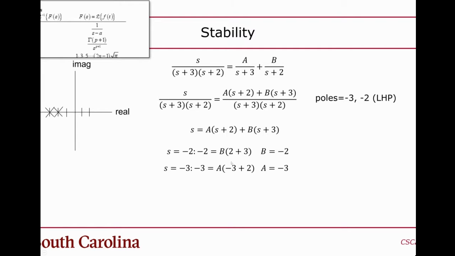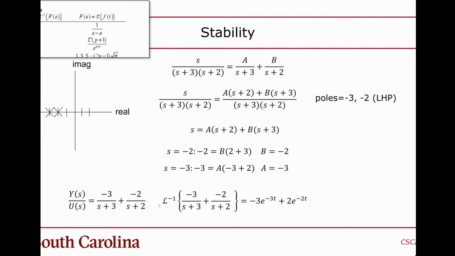And that way I end up with one equation and one unknown. So in this case, B is -2, A is -3. And so I'll get a transfer function here that's -3 over s plus 3 plus -2 over s plus 2.